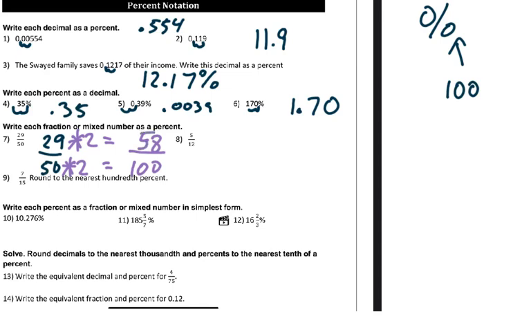Now, number 8 is a little bit more difficult because 12 does not go into 100 nicely. Figuring out 12 times what gives me 100 is a little difficult. So when this is the case, let's divide.